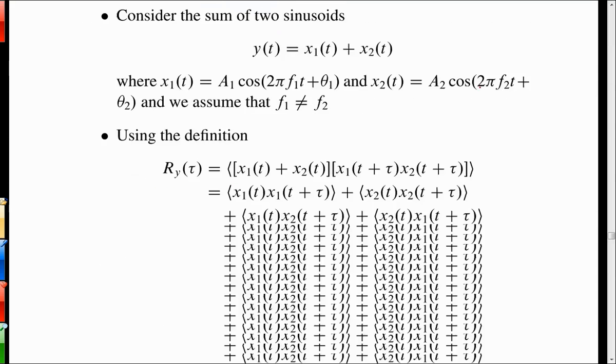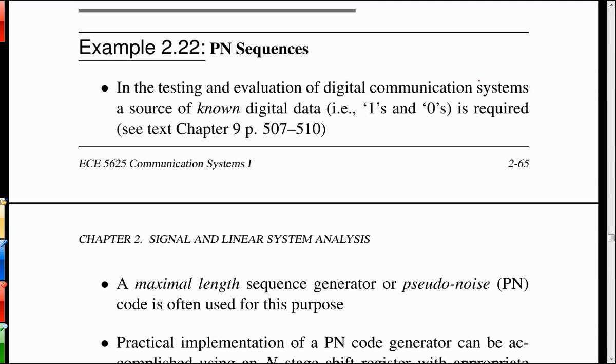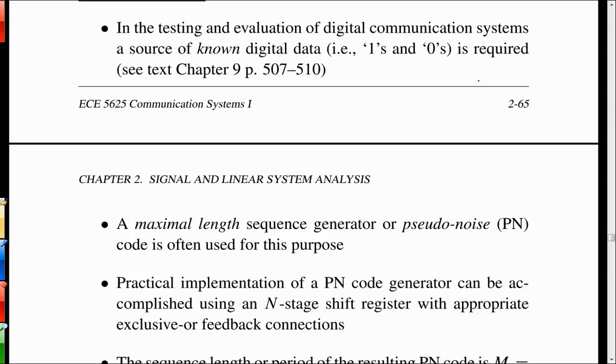Sure. Okay, we're going to do sum of sinusoids, but we're about ready to take the quiz. This is what you also get into in the lab, and this is a problem in homework assignment number 2, pseudo-random sequence generator. This is what creates the acquisition code, the Gold codes used in GPS.